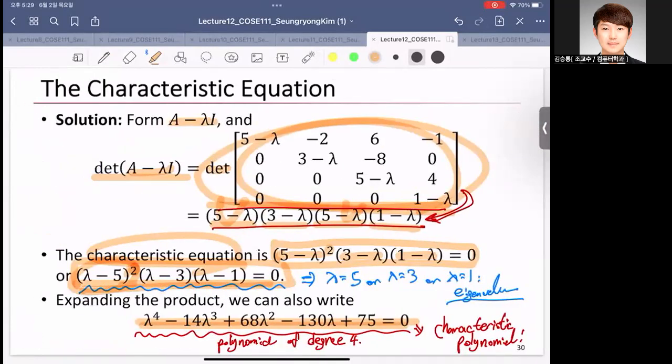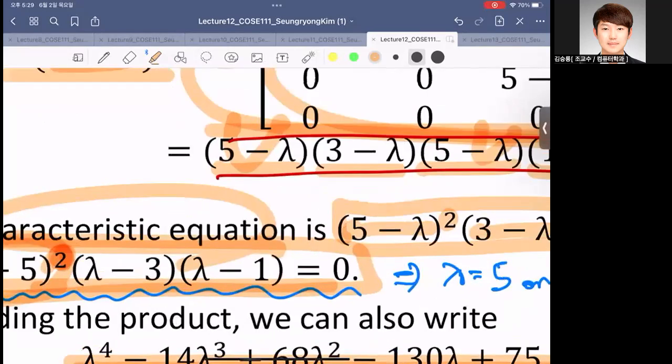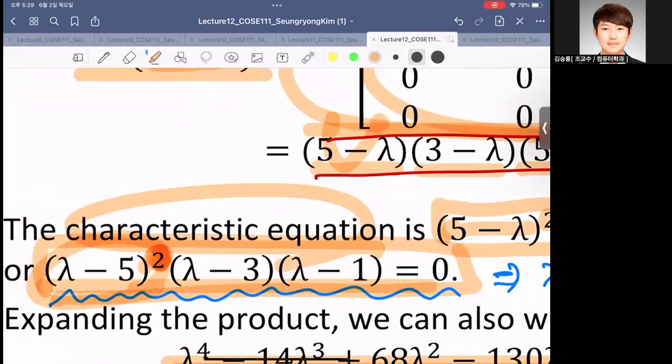So the question is, what is the multiplicity of the eigenvalue 3? In this case, the multiplicity of the eigenvalue 5 was 2. 그렇죠? Now the multiplicity of the eigenvalue 3 is what?